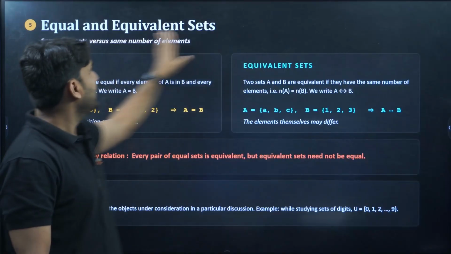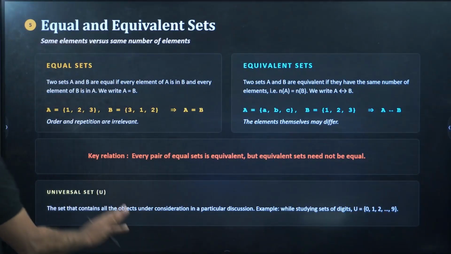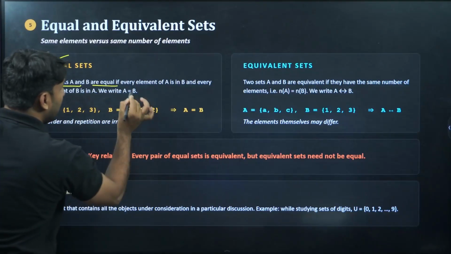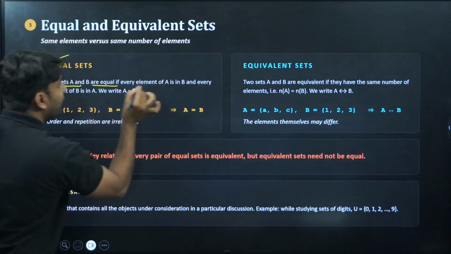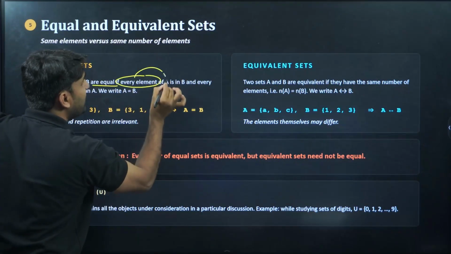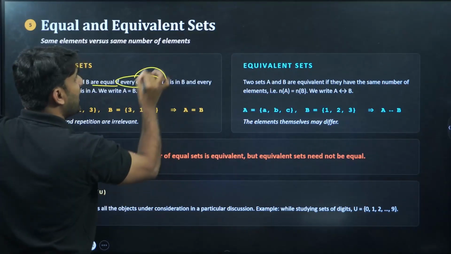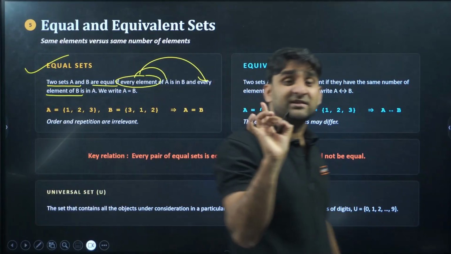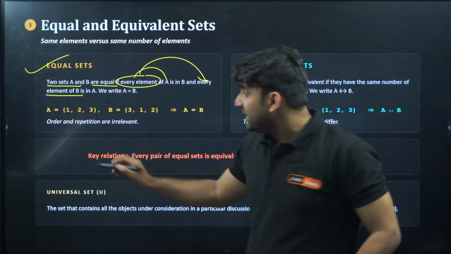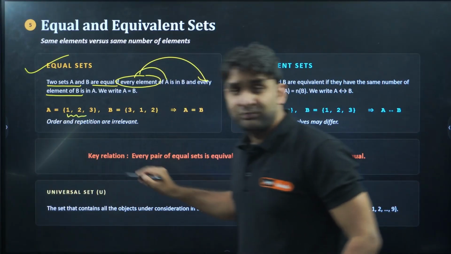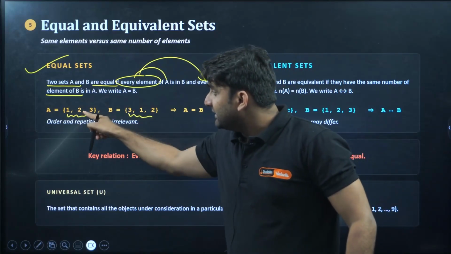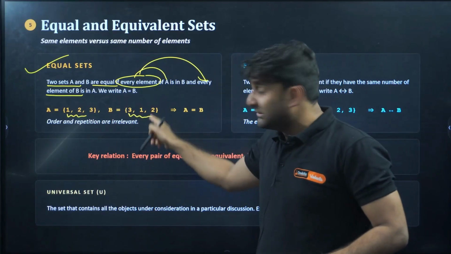Moving ahead, equal and equivalent sets. Listen everyone, what are called equal sets? Two sets A and B are equal if every element of A is an element of B and every element of B is an element of A. For example, A has 1, 2, 3 and B has 3, 2, 1.